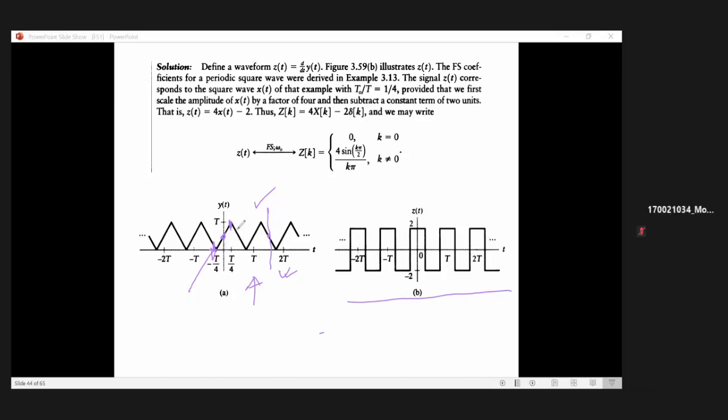You can easily calculate the time length between these two. Is it not T by 2? Yes, it is T by 2, isn't it? If it is T by 2, then the slope of this line equals what? T divided by T by 2 is equal to 2, isn't it? Yes, sir.